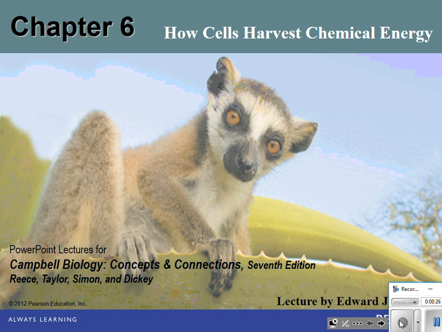We've discussed this. Now we are going to discuss how our cells harvest this chemical energy, how our cells take that glucose and use it. That's going to lead us into what we call cellular respiration.